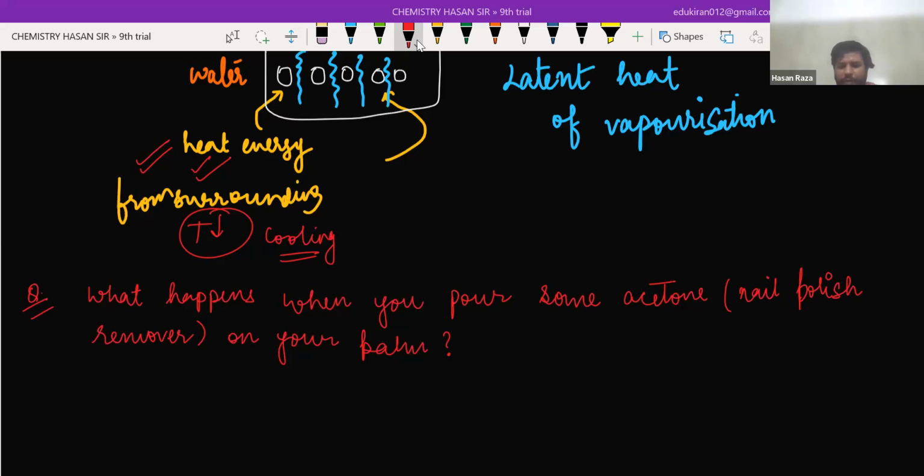So evaporation takes place. It's a very simple phenomenon, just like I explained. Evaporation absorbs heat from the surrounding, basically from the palm surface. So that's why we feel cool. Is that clear? Yes, sir.